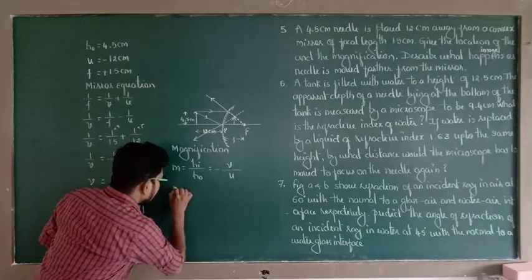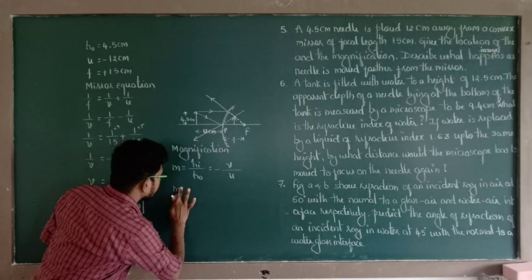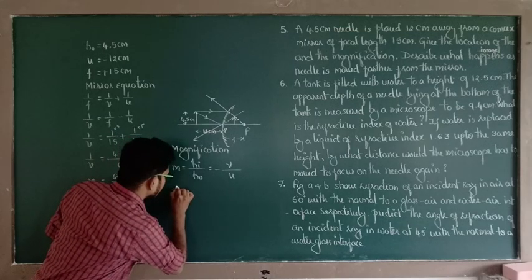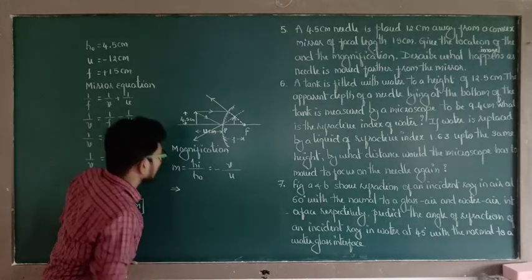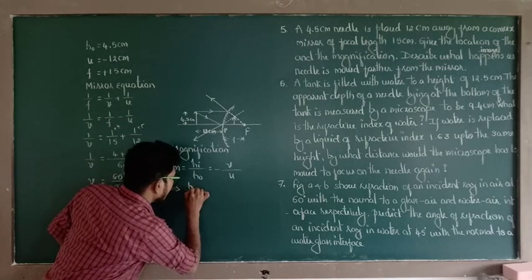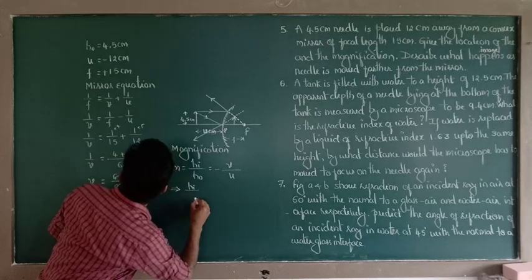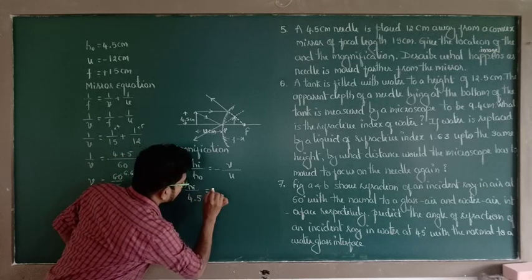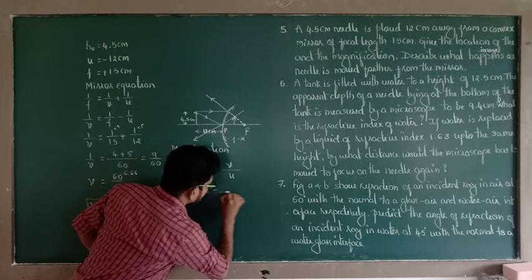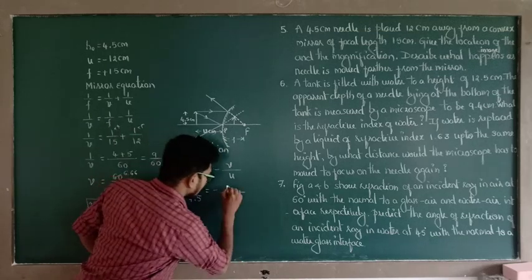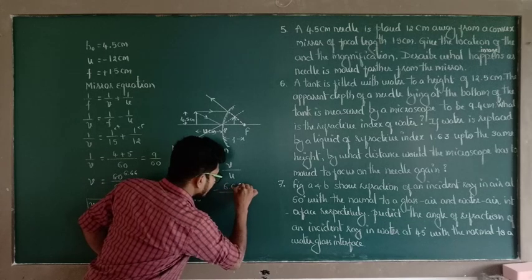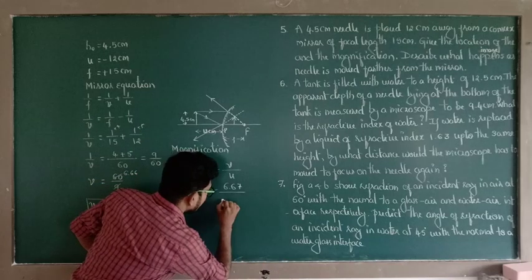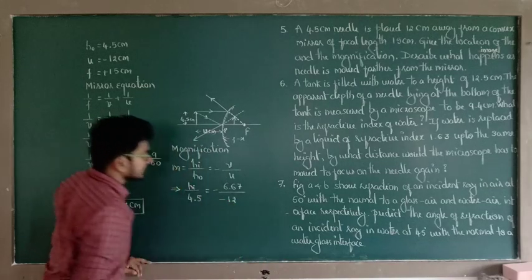Therefore, the height of the image divided by the height of the object, 4.5 centimeter, is equal to minus image distance, 6.67 centimeter, over object distance, minus 12 centimeter.